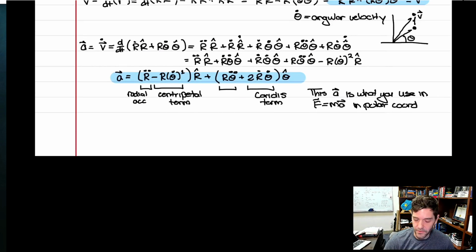If you are working in polar coordinates, the a you use in the F equals ma expression is this whole mess. And typically there are also geometric considerations that will allow you to, for example, eliminate some of these terms. In general, this looks like a set of two coupled differential equations that are both second order.